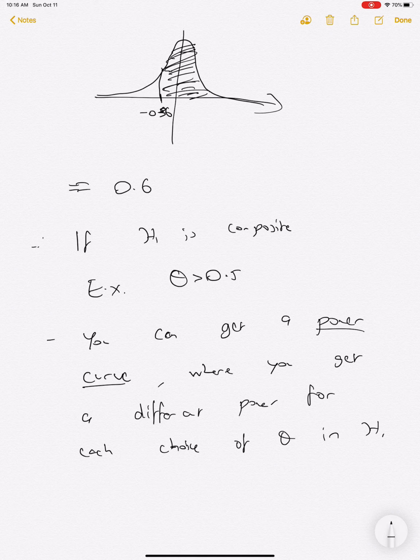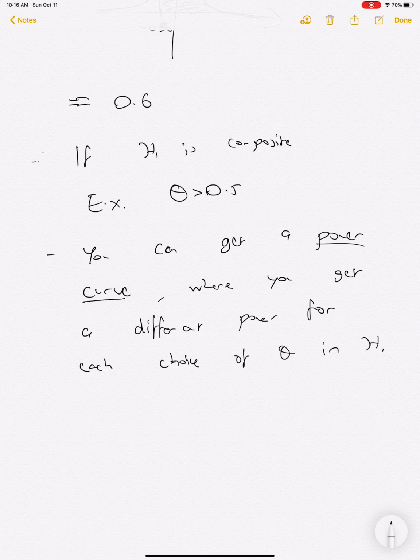So I've done it for theta equals 0.6. But if you imagine that the bigger you make your alternative value, so if your theta was equal to say 0.7 instead, you would get a larger power.